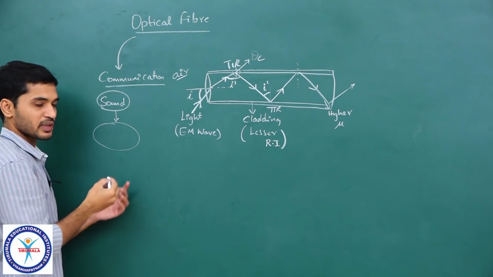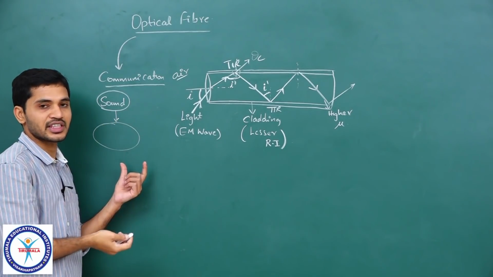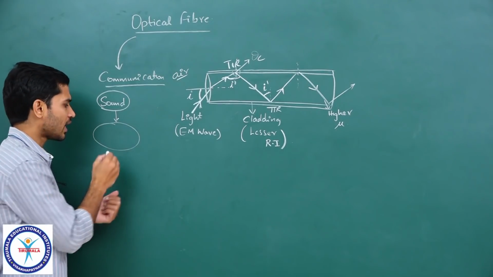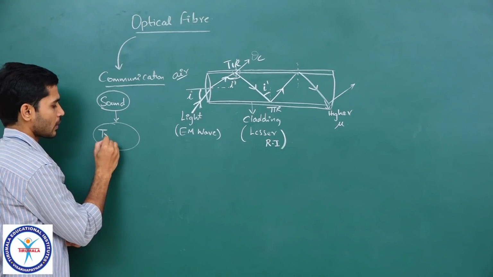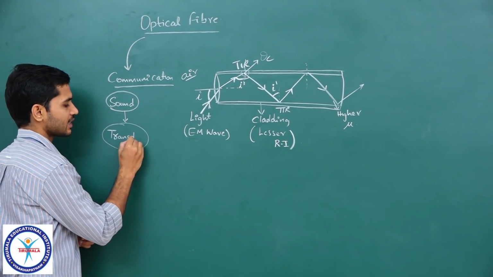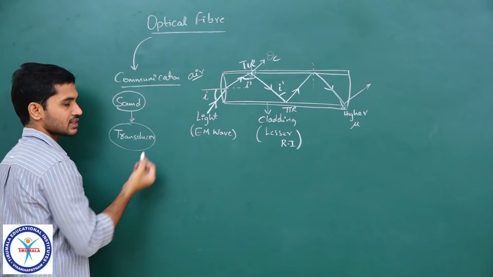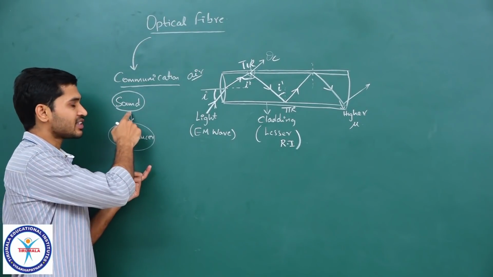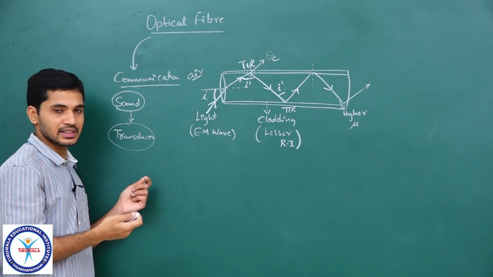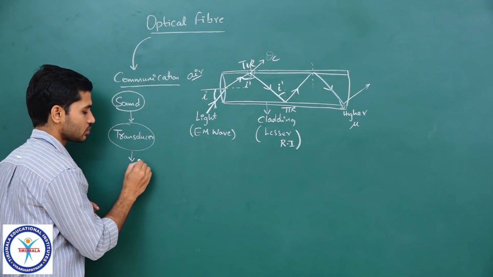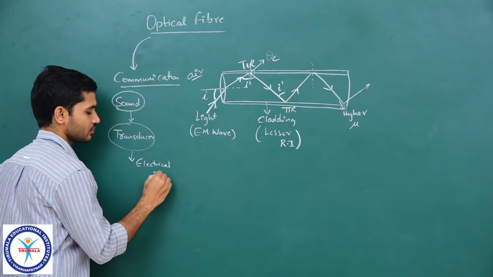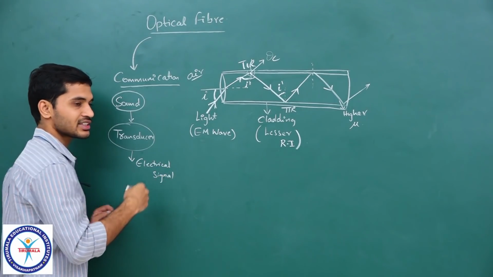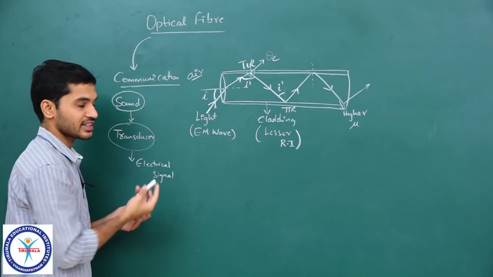You will learn about this device later in a chapter called communication systems. We call it a transducer. What this device does is convert this sound into an electrical signal. So, it basically converts it into a wave.